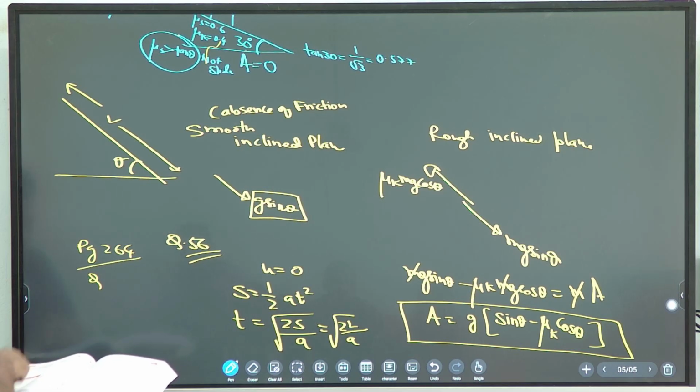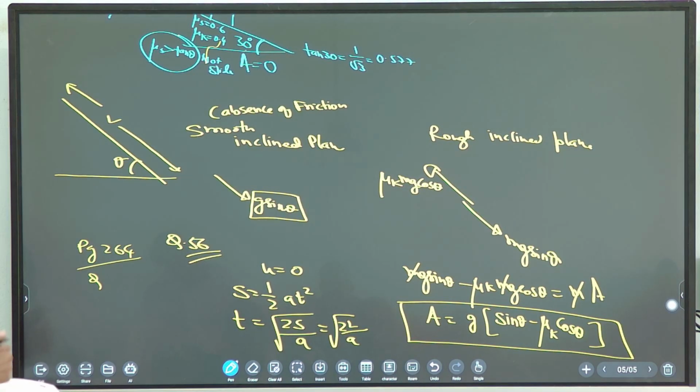You can solve questions 1, 2, 9, 10, 13, 14, 15, 16.